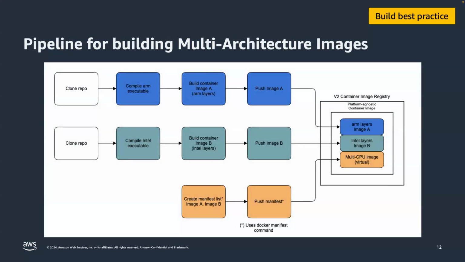And then finally add a stage that creates the manifest list. I'll be pushing all these three artifacts into a Docker registry. And these three artifacts will form your multi-architecture manifest list.